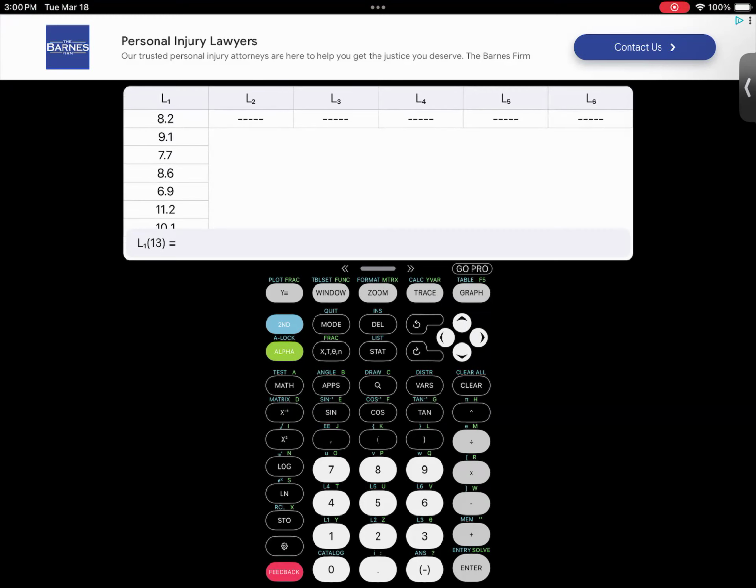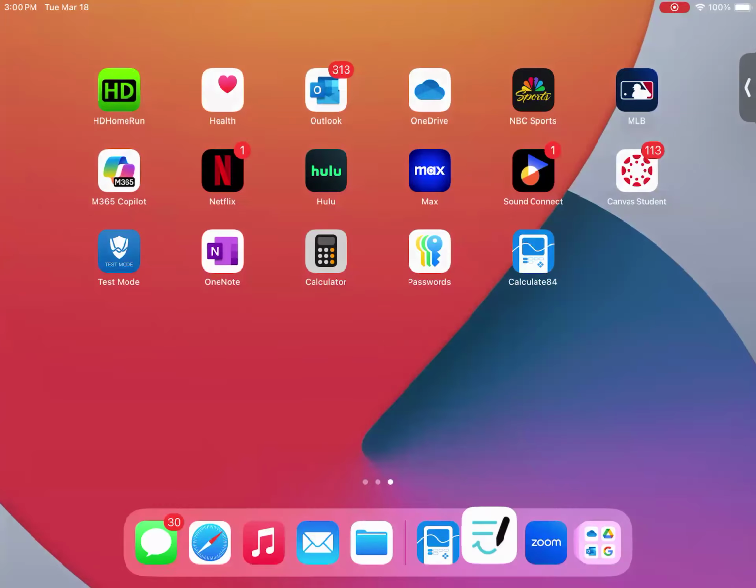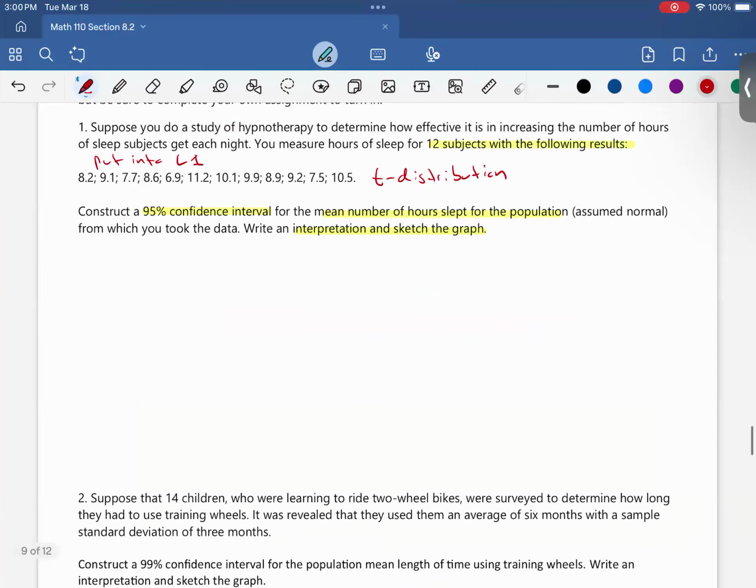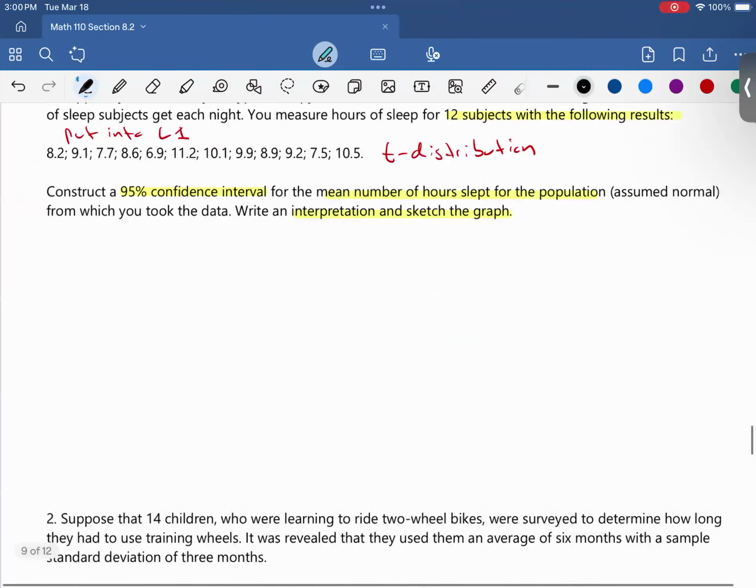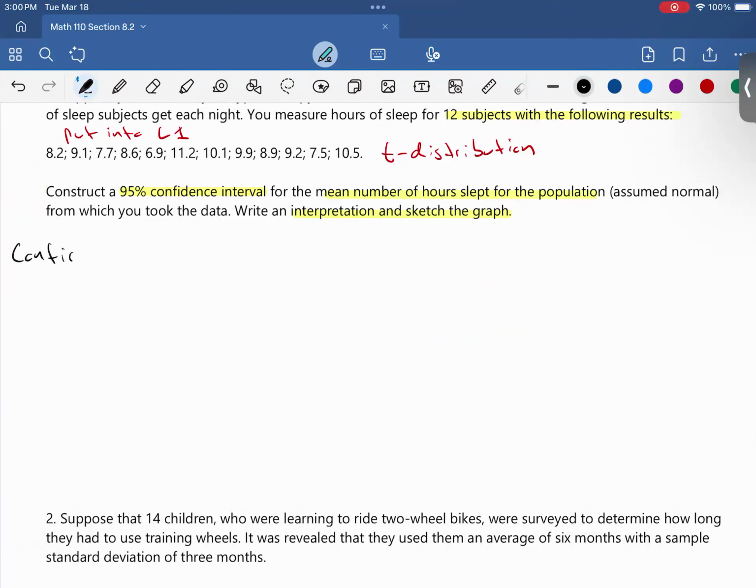So what we need to do here, let's go back to the problem, is construct a confidence interval. Here we have to use a t-distribution because of our small sample. It's going to be t interval, and since we have a list of data, we need to use the option data.